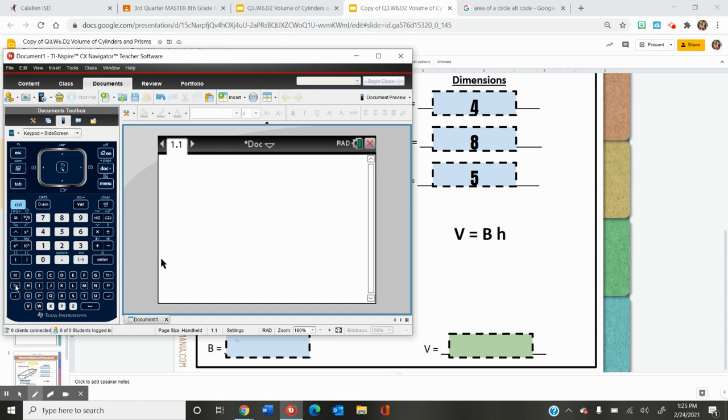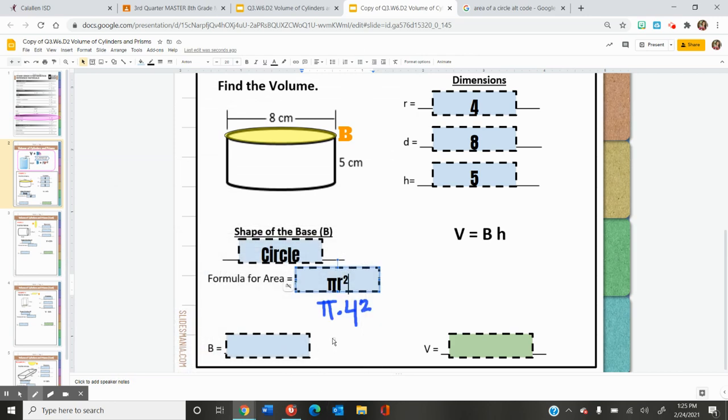Now the pi symbol is right here next to the H. And, oops, 1 second. I want to multiply this by r squared, which was 4 squared. So I'm going to type in 4 squared. So pi times 4 squared is 50.2655. We're going to go ahead and round this to the 10th place. So it's going to be 50.3. So the area of our base shape is 50.3. So I'm going to go ahead and type in 50.3.